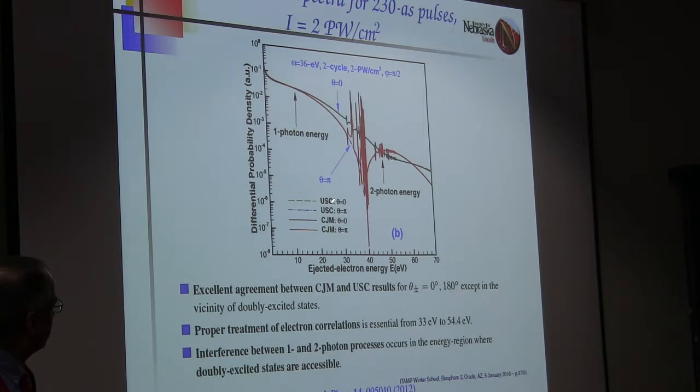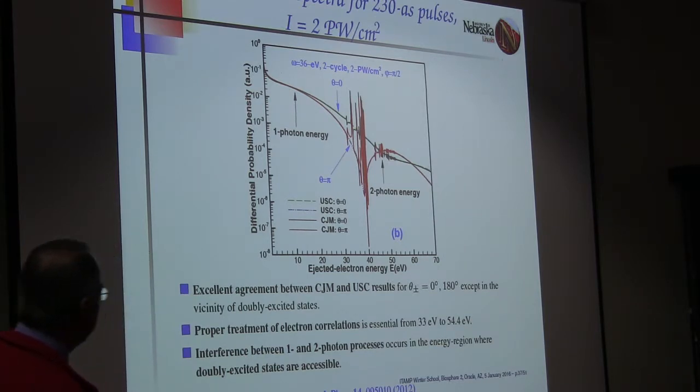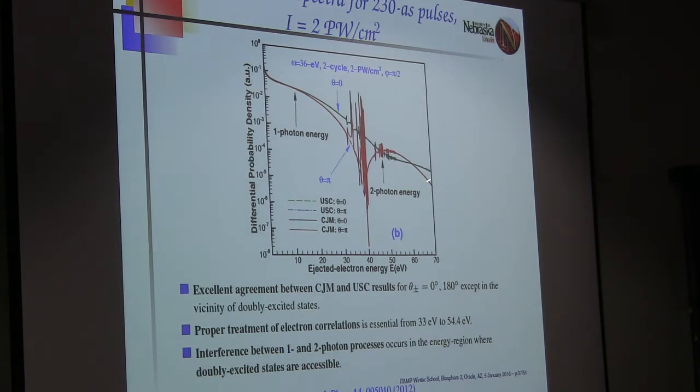These curves projecting onto uncorrelated or correlated agree almost exactly everywhere except here. And what's happening here? Well, these are doubly excited states clustered on the n equals 2 state of helium.